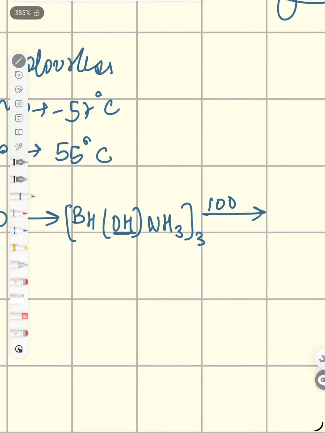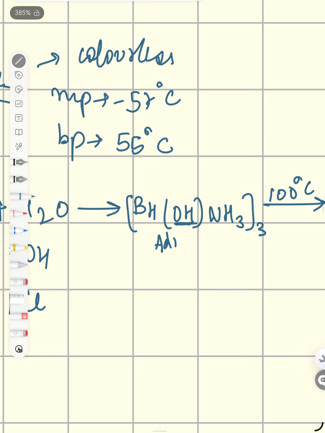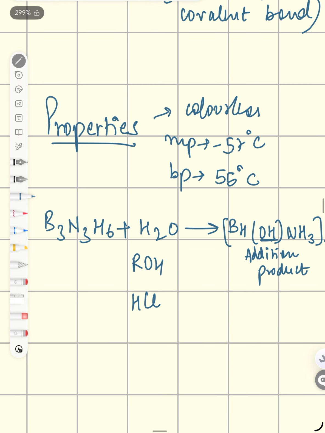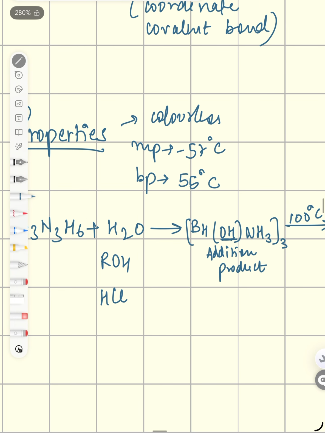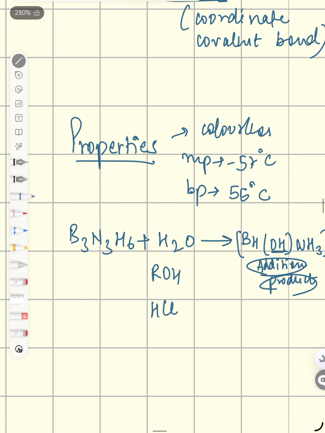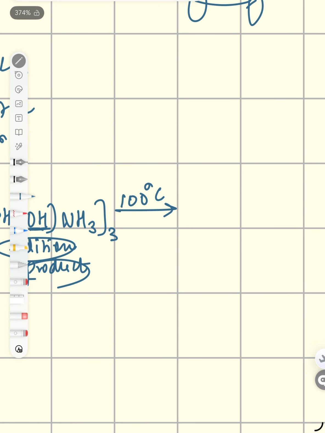And if this is heated at 100 degrees Celsius, this is the addition product formed. See, borazine is more reactive than benzene. Thus, it forms addition products. Since borazine is more reactive than benzene, it gives addition products, and when we heat this addition product at 100 degrees Celsius, it loses hydrogen. It loses a hydrogen atom.